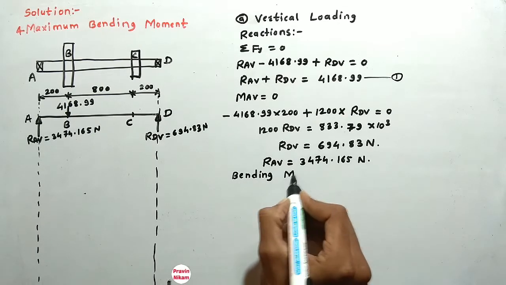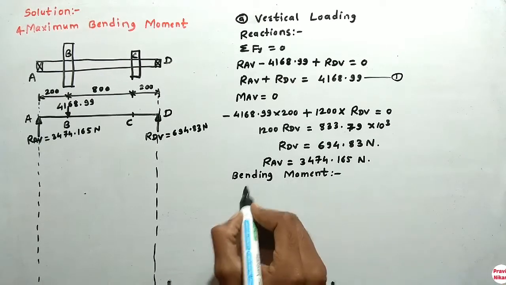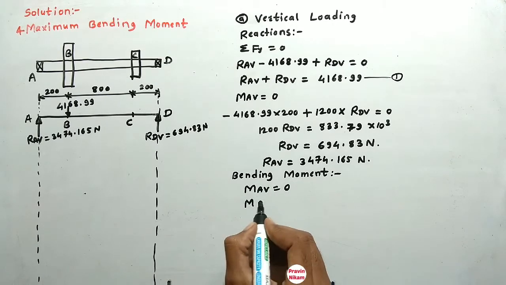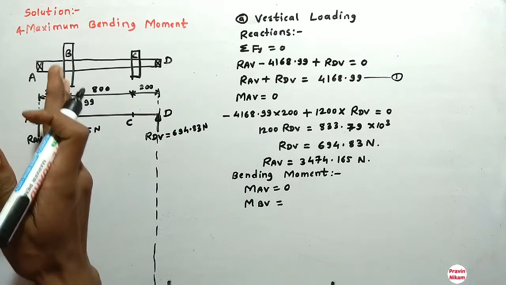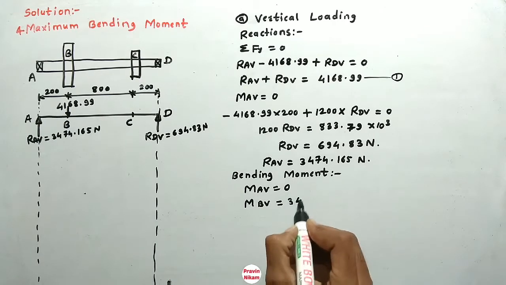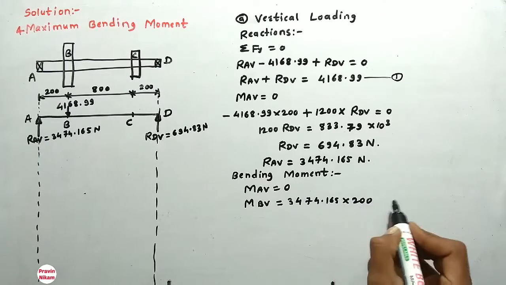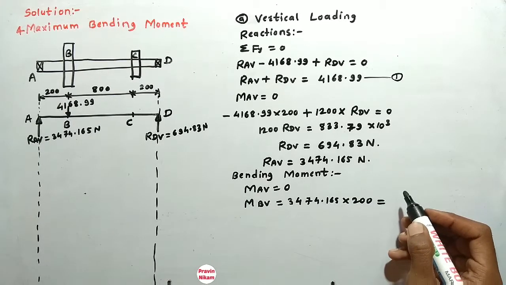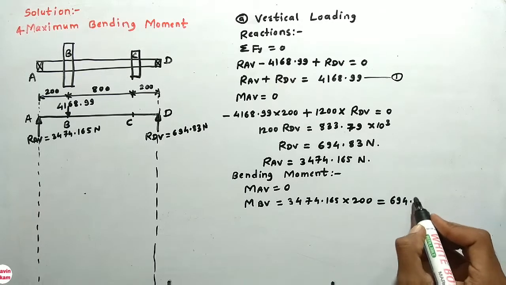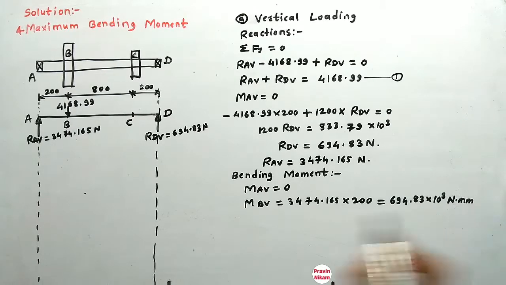So the bending moment at each point, the vertical bending moment. MAV we know is equal to 0. Now MBV is RAV into 200. RAV is 3474.165 into 200. So MBV becomes 694.83 into 10 raised to 3 Newton mm.